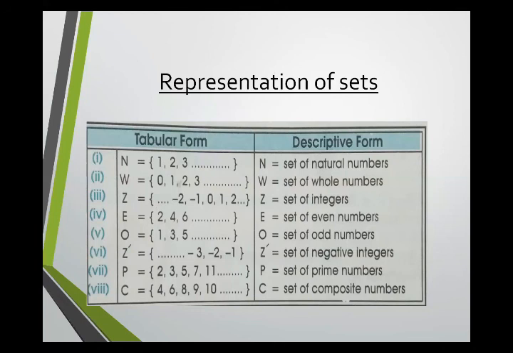These are the composite numbers. Simply we write this set in descriptive form: C is equal to set of composite numbers. Okay, students, I hope that you understand all the sets, how to write them in tabular form or how to write them in descriptive form.